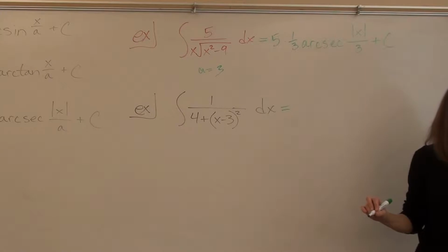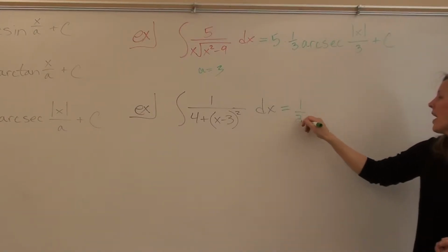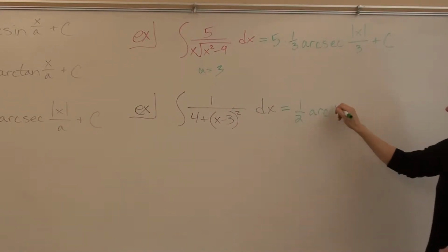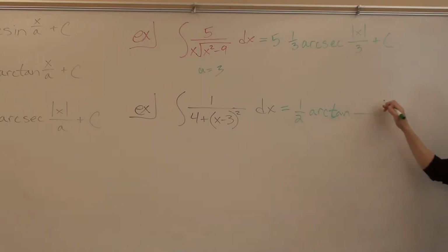Yes, what's a? 2. A would be 2 for this problem. So you get 1/2 arctan, and then what would go on top here? X minus 3 over 2 plus c.